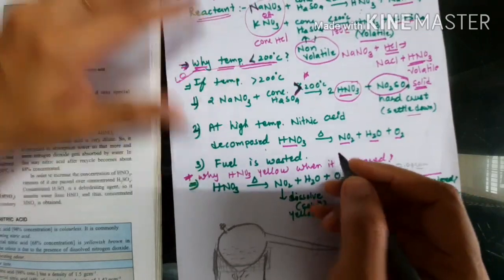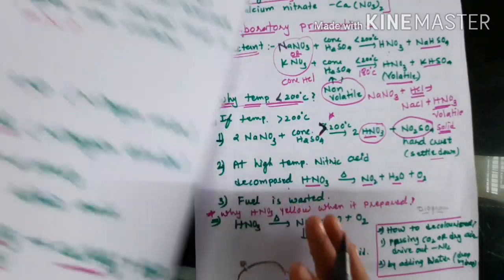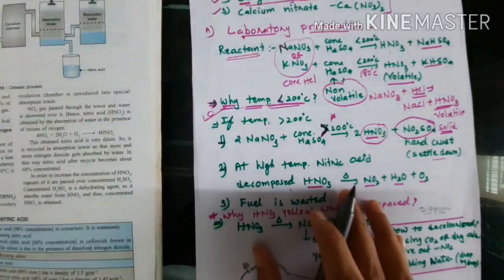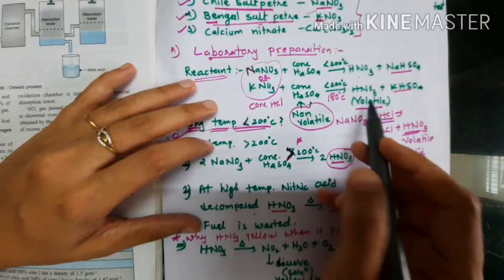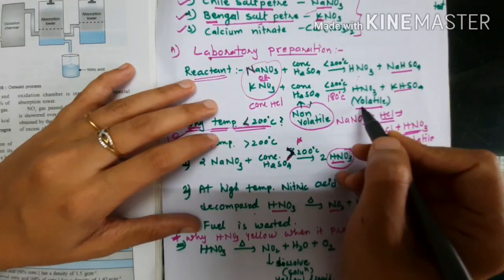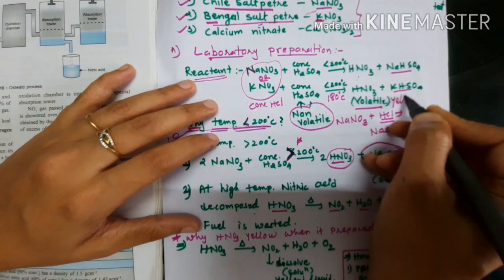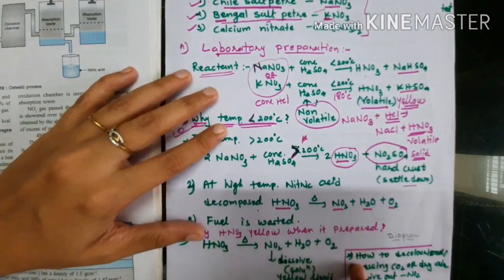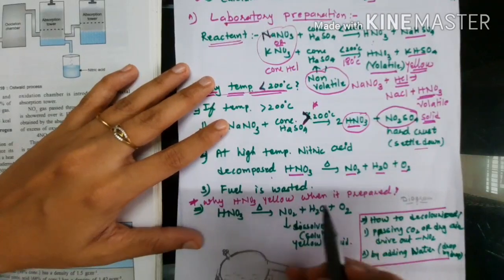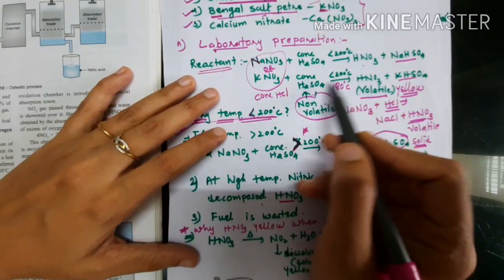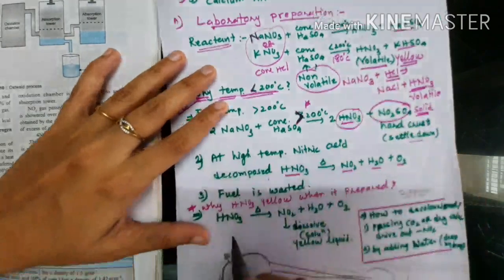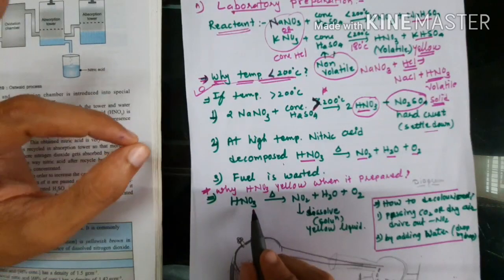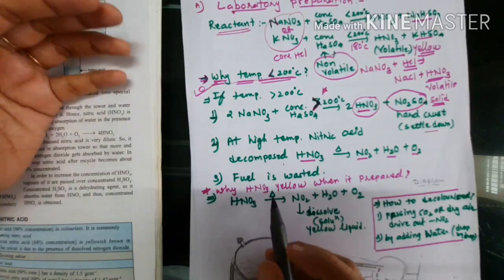You know that at the beginning I told you HNO3 is a colorless liquid. But after this reaction, we found that it is yellow. So why is it yellow in color? Because when we do this reaction, the temperature at that time is a little bit high, not more than 200 but high.